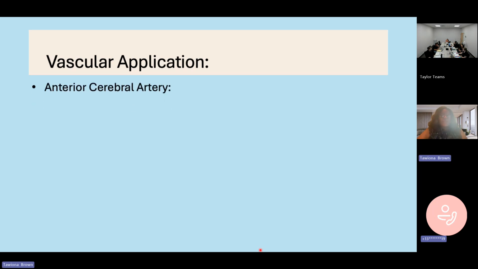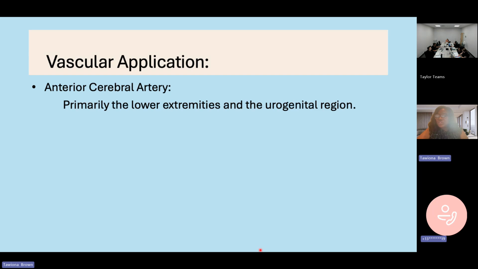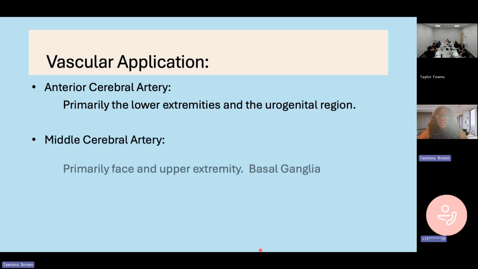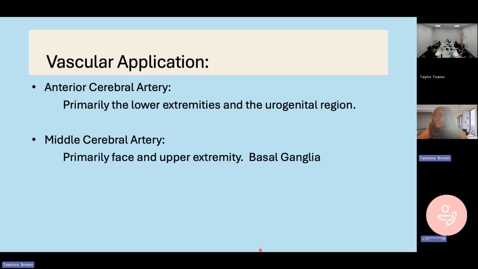Okay. So as far as vascular application, with the ACA, just as a recap, it's primarily the lower extremities and the urogenital region. With the MCA, it's going to be primarily the face and the upper extremity and the basal ganglia.